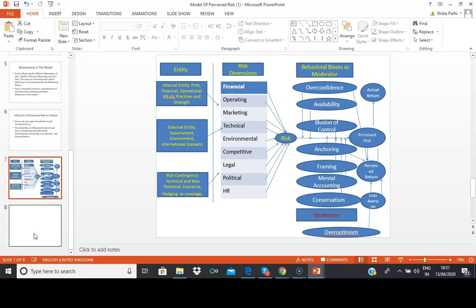So they are acting as a moderator on the perceived risk, and on the basis of perceived risk, the person is affecting his actual return into a perceived return. So this is the way the researcher has framed his research framework, and he wants to find out through empirical test how far this model fits the real life situation.